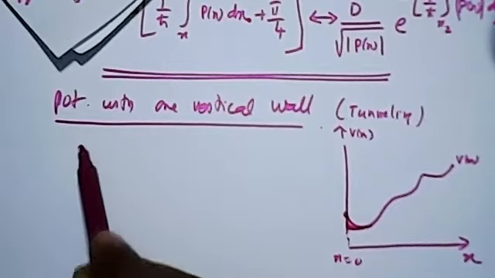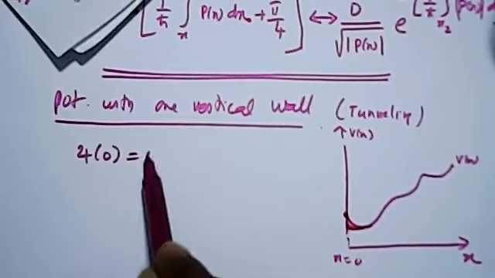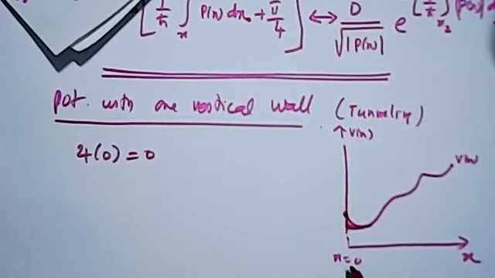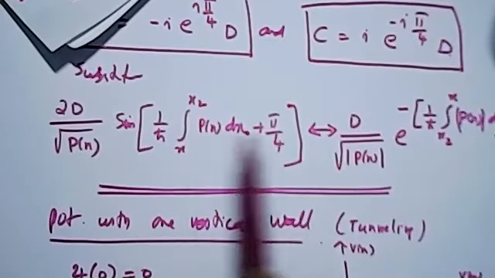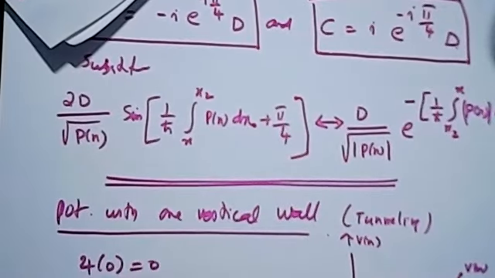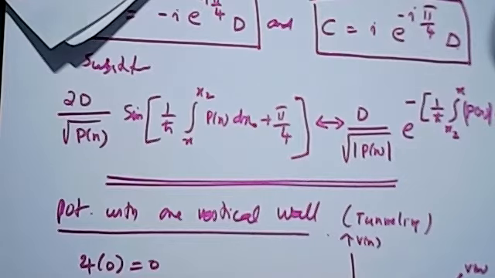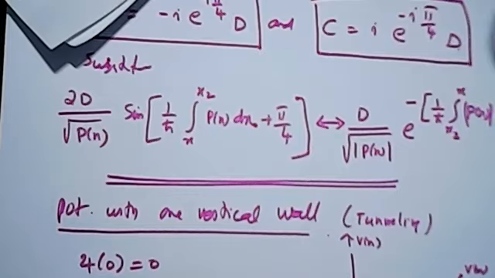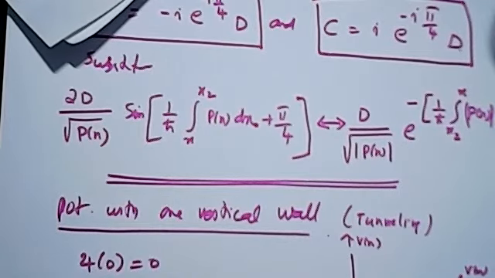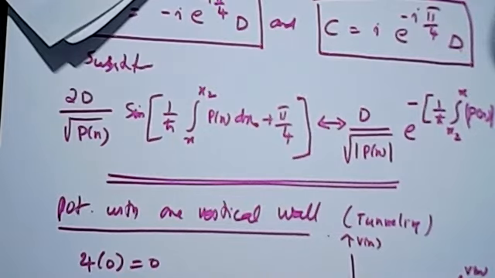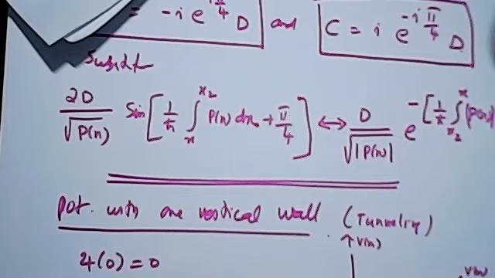So we can assume that psi at x equal to 0 is 0. So we can use the same formula here, that is 2d by root of p of x sine of 1 by h cross integral over x2 p of x dx plus pi by 4 equal to 0.